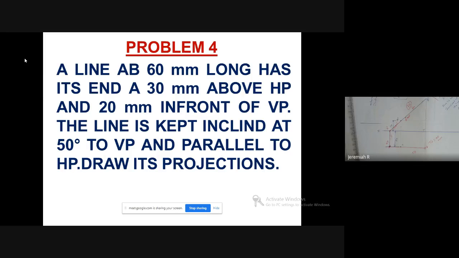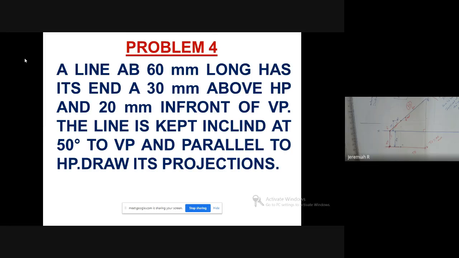Okay. The line AB is 60 mm long, its end capital A is 30 mm above HP and 20 mm in front of VP, full stop.